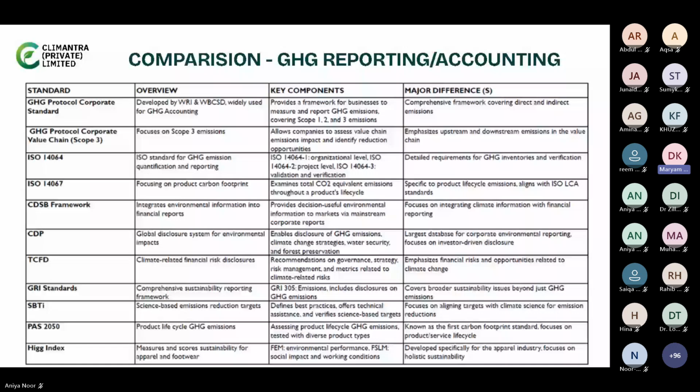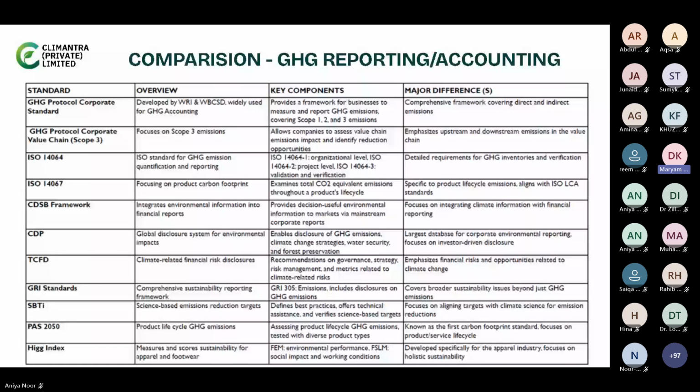CDP, the Carbon Disclosure Project, is a global disclosure system for environmental impacts. It enables you to disclose GHG emissions, climate change strategies, water security, and forest preservation. It is the largest database for corporate environmental reporting. TCFD covers climate-related financial risk disclosures, with recommendations on governance and strategy, and it emphasizes financial risks and opportunities related to climate change.